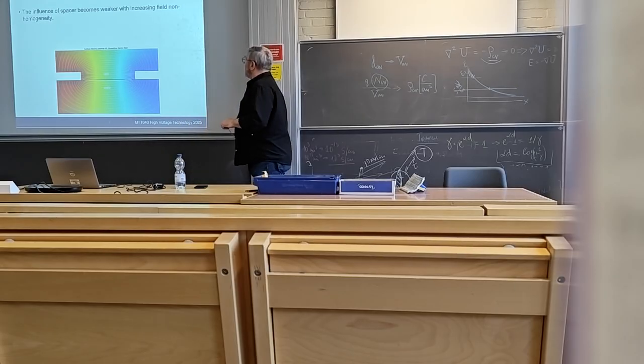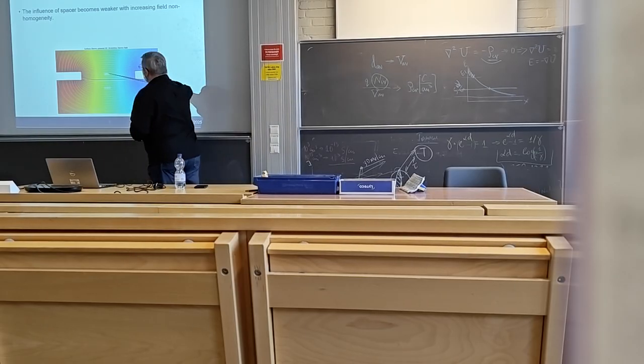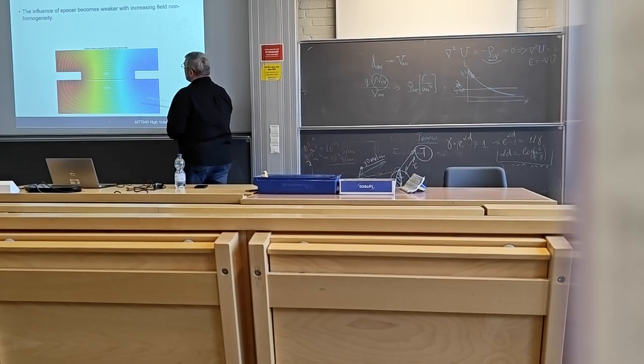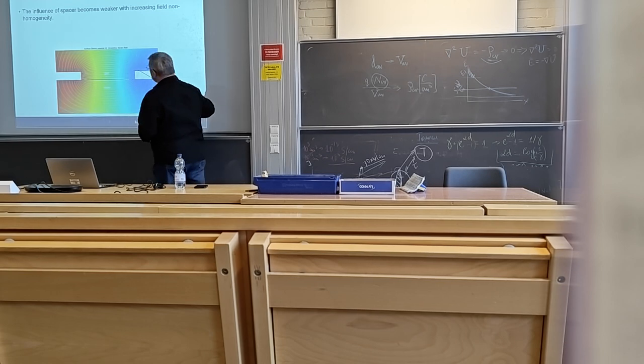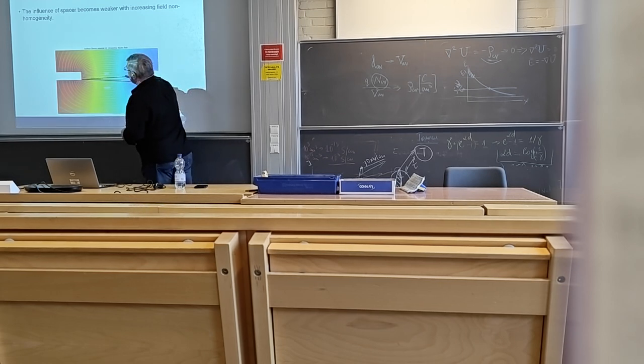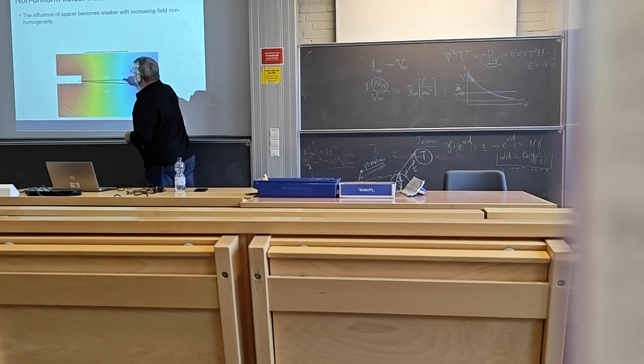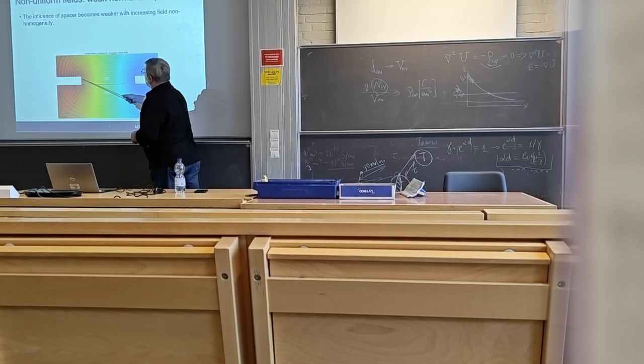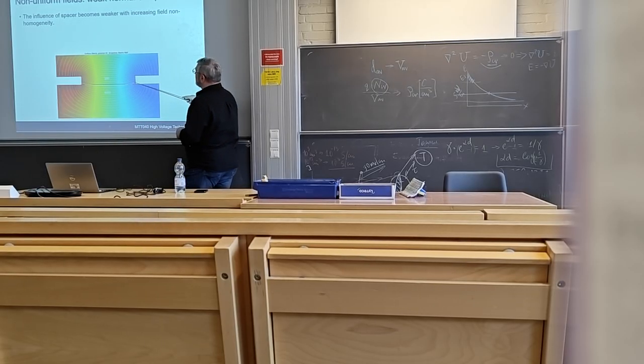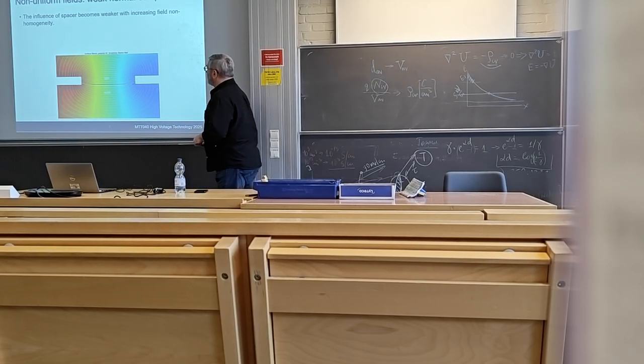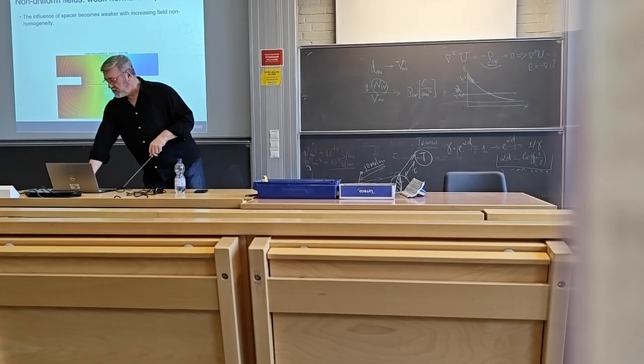This is another example. We have gas, we have a solid piece, and then we have electrodes like that. And then we consider this line. We apply voltage to this one. So you have here the electric field lines.